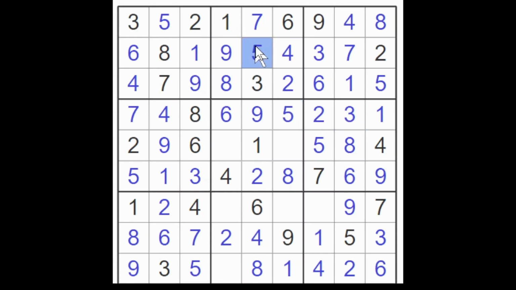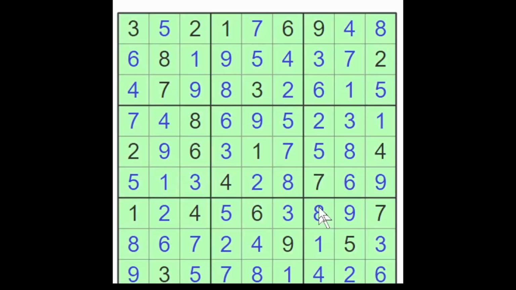And now the 5 here, here, and here forces the 5 in this cell, like so. Last digit here must be a 7, putting a 7 in this cell. And the last digit here is going to be a 3. Now here we also need a 3, and for this last cell of the puzzle we need an 8.